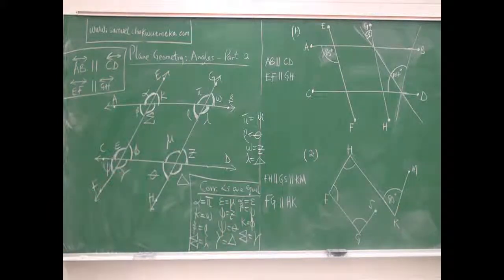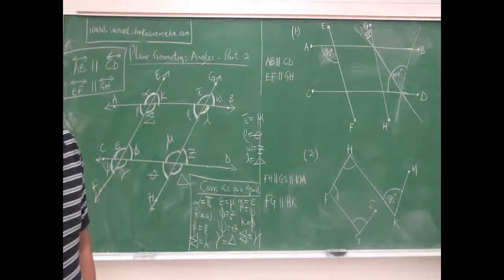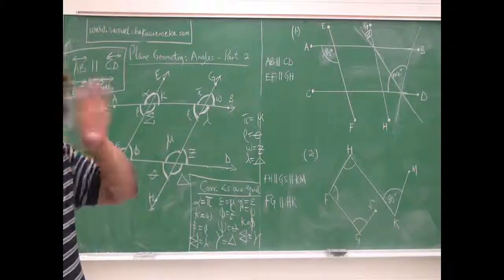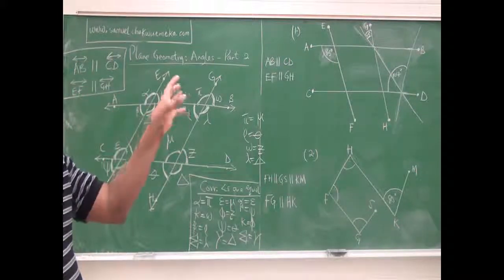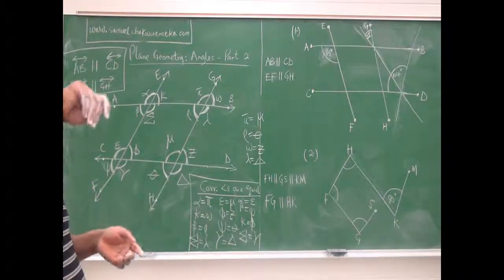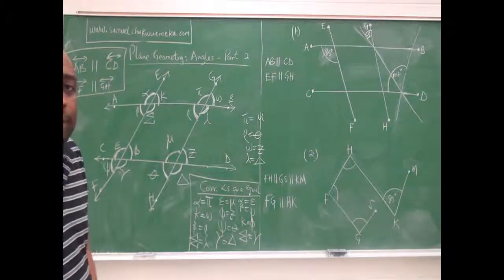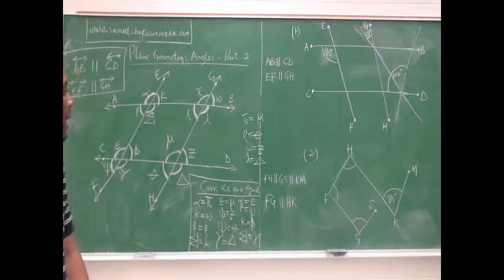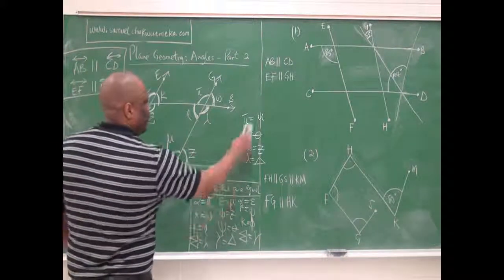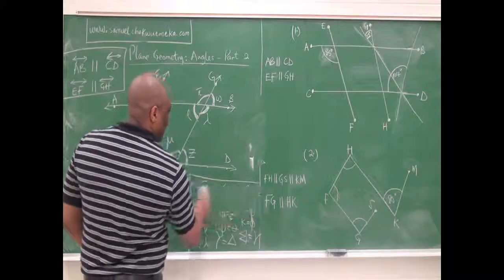So these are all the corresponding angles you have. When you have two pairs of parallel lines, when one pair is acting as a traversal to the other pair, you have a lot there. Okay? Now let's look at alternate angles.